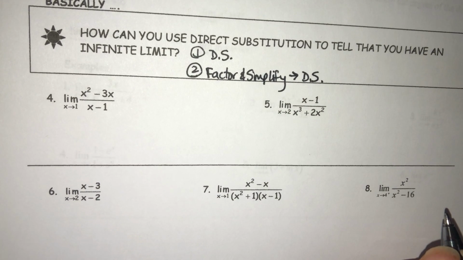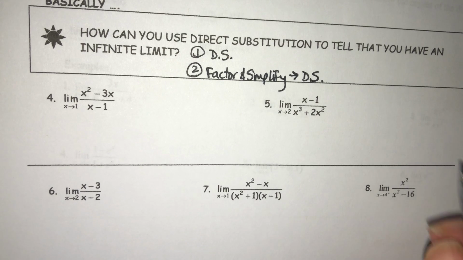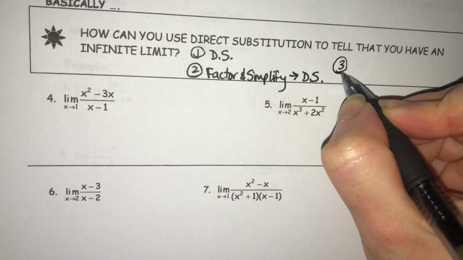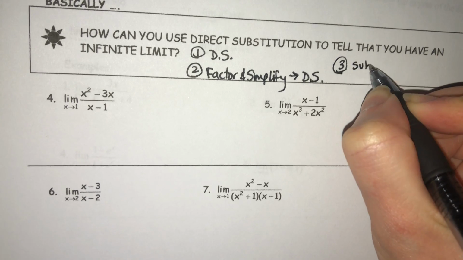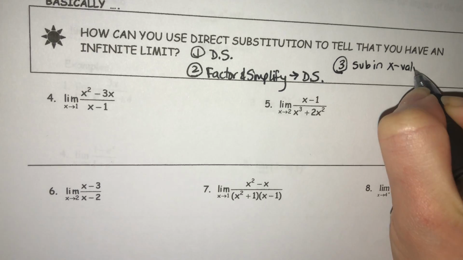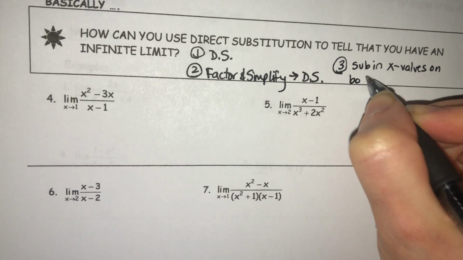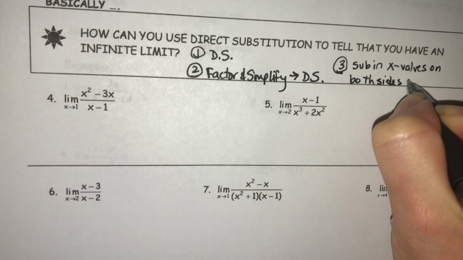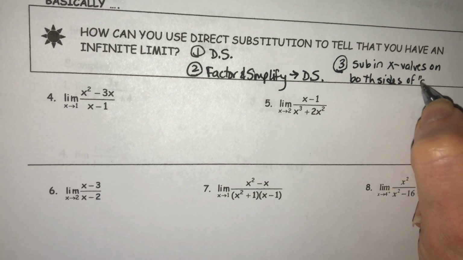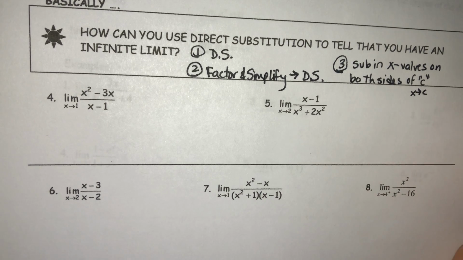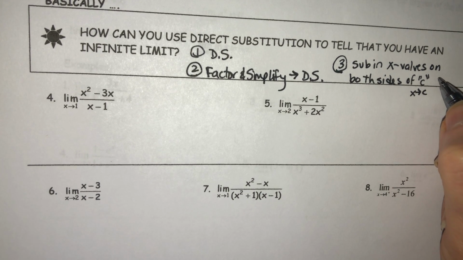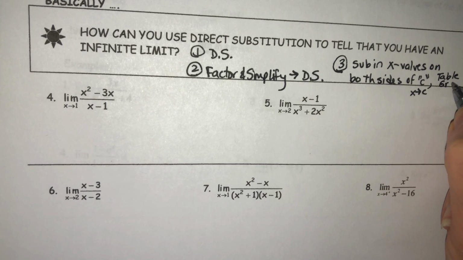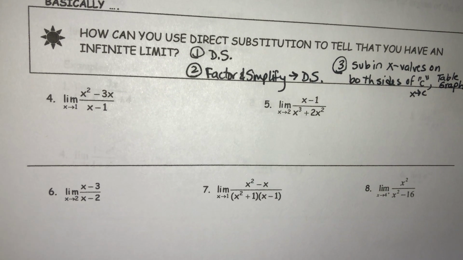Now, if that doesn't work out for you, and in some cases it won't because they won't be factorable or they won't have any common factors that cancel out the problem number, then your next step is going to be to sub in x values on both sides of, let's say, your c value, whatever the number that x is trying to approach, and then make a table, make a graph, and do it like we did up above on number 3.